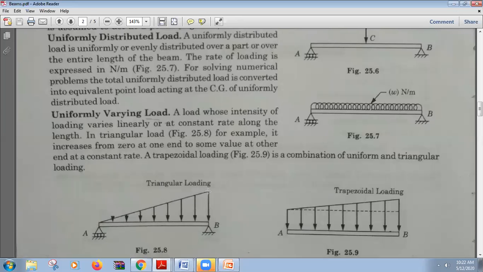So this is known as uniformly varying load. If you take any one section, if you divide the whole beam into 8 parts, or 16 parts, you will see that the pattern of load distribution is same.